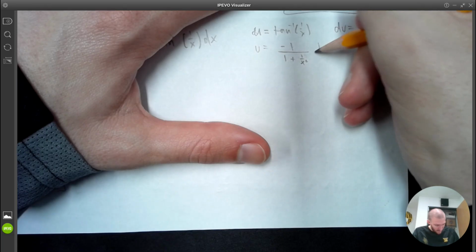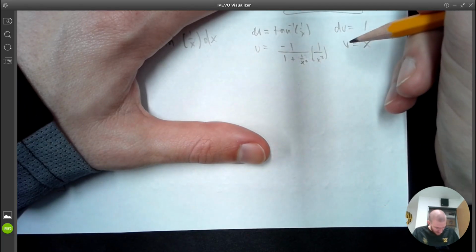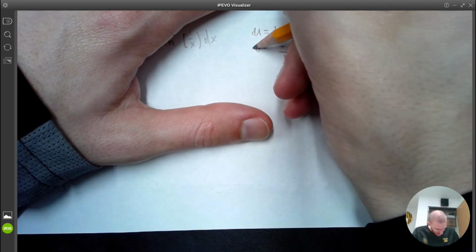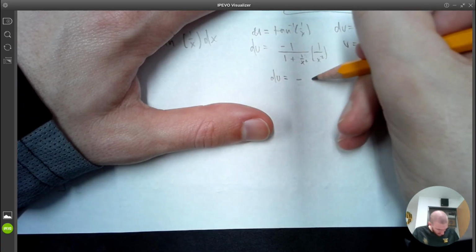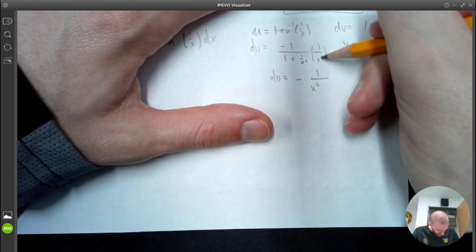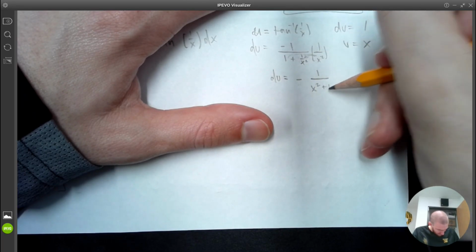So it would look like this. I need to simplify this, du. The top is a negative 1, and the bottom is x squared. And that is just 1.